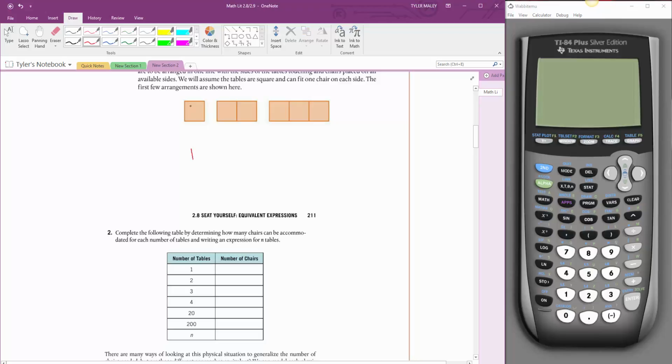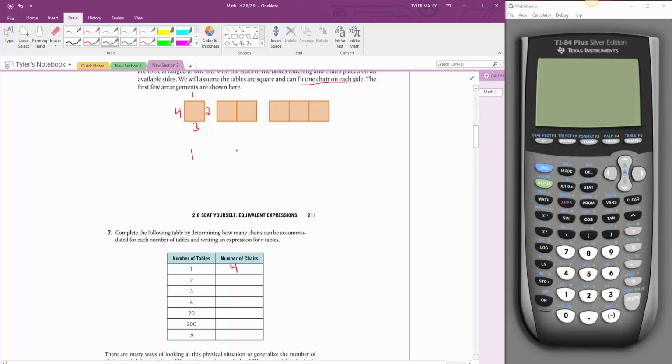I can think, how many chairs can I fit around? The rule here is that we can fit one chair on each side. So I can fit one chair here, here, and here. So with one table, I can only have four chairs.